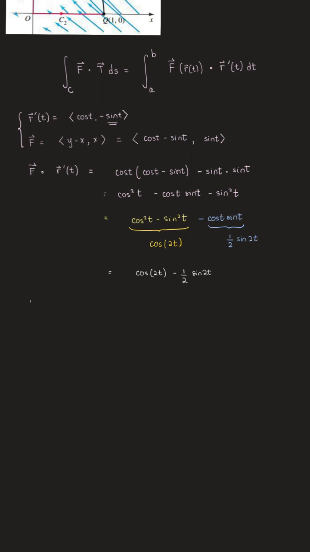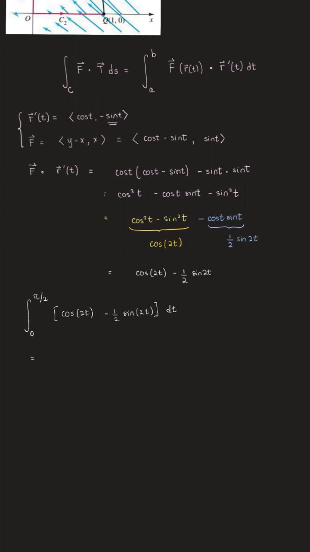So t was going from 0 to pi over 2 because we're doing the quarter of the circle. And our dot product has become cosine of 2t minus 1/2 sine of 2t dt. And we can integrate this. It's not too bad.